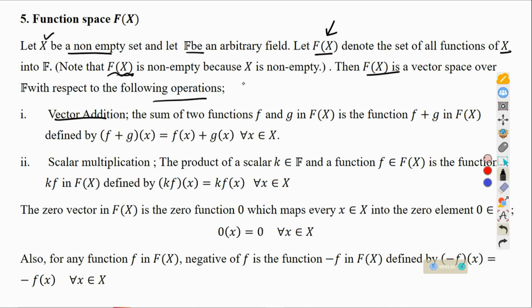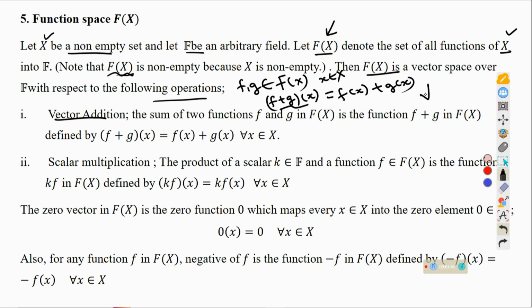If, for example, we have f and g, which are functions of this given space, then we can easily get f plus g, operating on an element x picked from the set X. When f plus g operates on element x, it will be the same as f of x plus g of x.